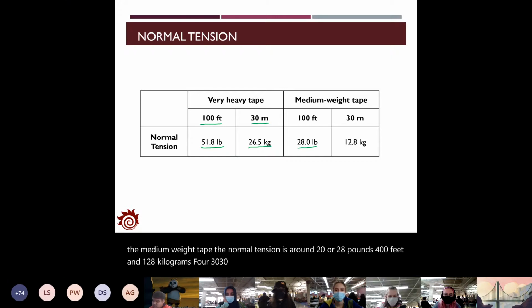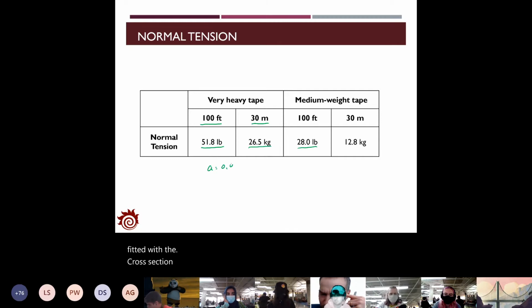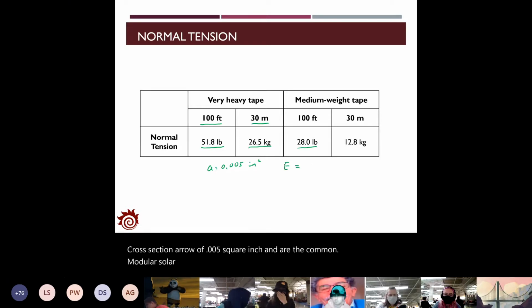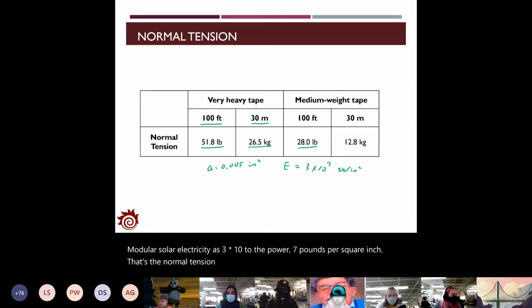And this applies for the tape with a cross-section area of 0.005 square inch, and a modulus of elasticity of 3 times 10 to the power 7 pounds per square inch. So that's the typical normal tension for different types of tapes.